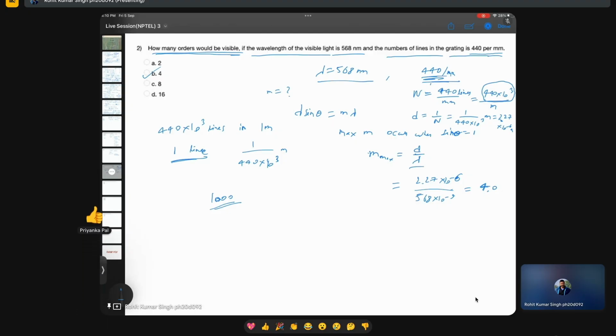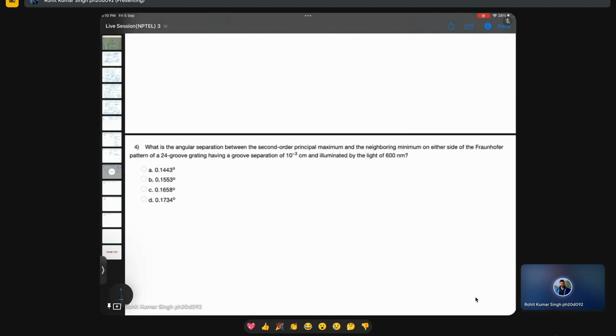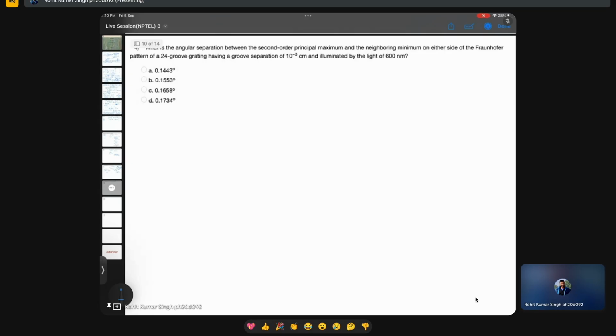Okay, now let's go to the next problem. We just discussed this. What is the angular separation between the second order principal maximum and the neighboring minimum on either side of a Fraunhofer pattern of a 24 groove grating having a groove separation of 10 to the power minus 3 centimeter and illuminated by light of 600 nanometer?